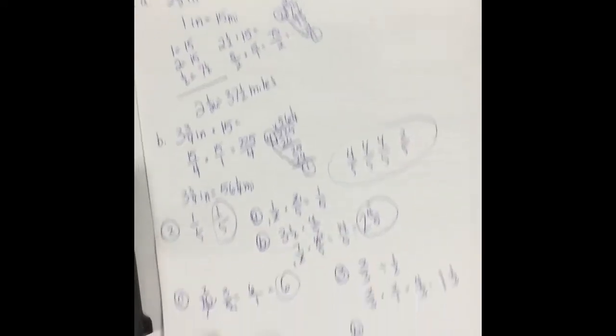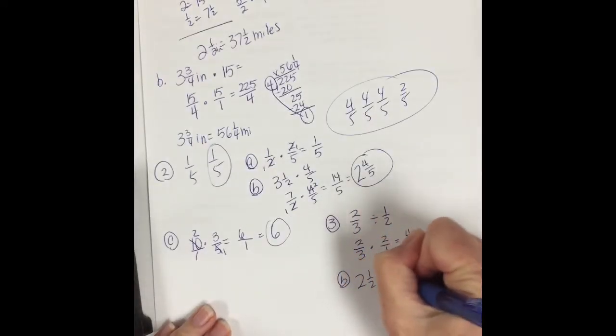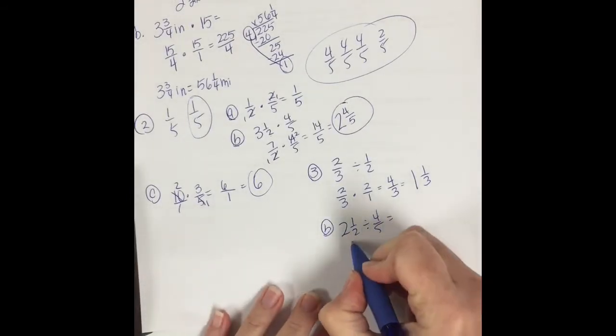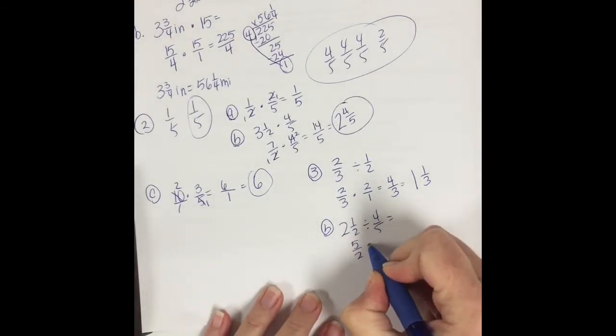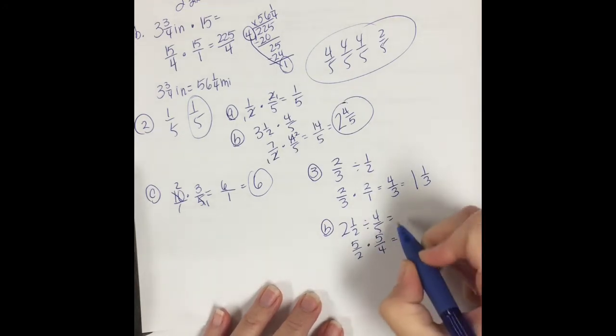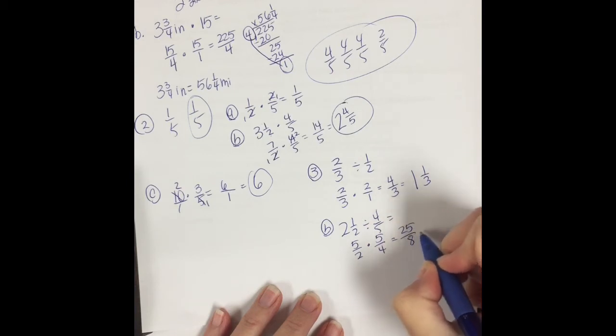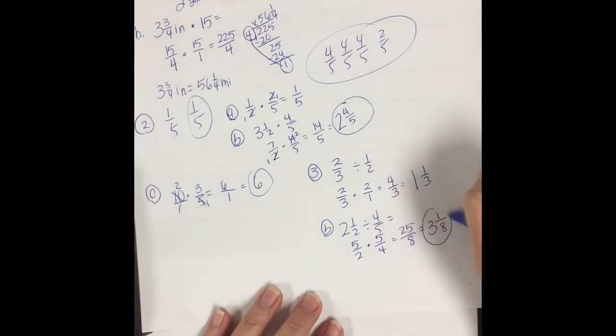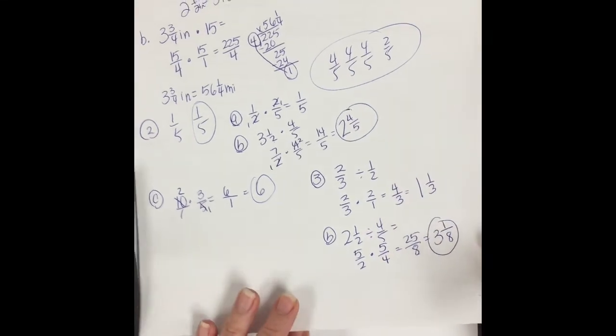But that's my estimate. So I'm going to take 2.5 and divide it into 4/5 pieces. Rename this as 5/2. Flip the second and multiply. So I have 25 over 8. 8 goes into 25 3 times with a remainder of 1. So I end up with 3 1/8.